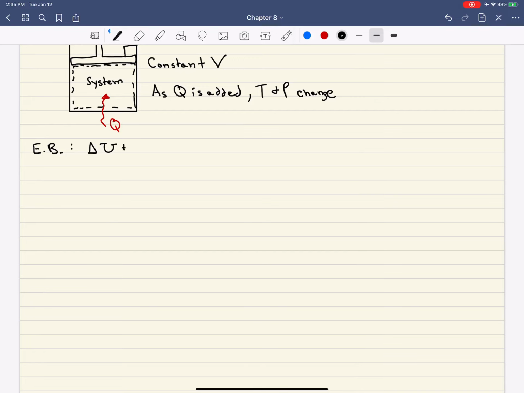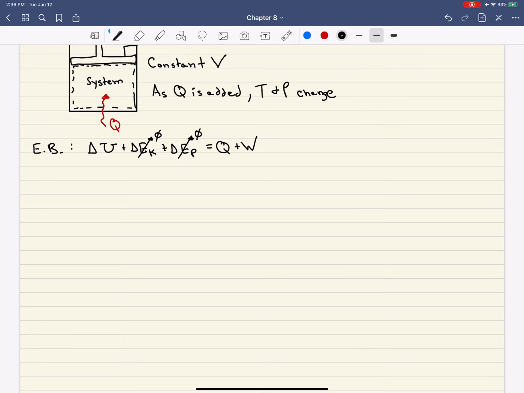Delta U plus delta EK plus delta EP is equal to Q plus W. Let's now simplify this energy balance and get rid of terms that don't really matter. Delta U matters because the temperature of the system is changing. The kinetic energy of the system isn't changing because nothing's accelerating, so we could say that's 0. The potential energy of the system is not changing.